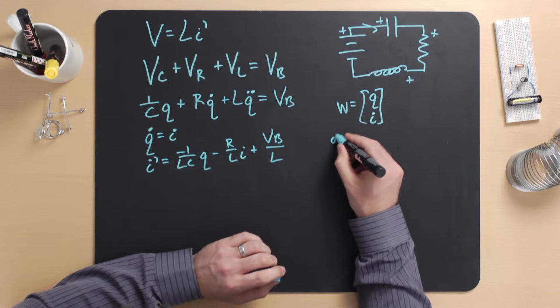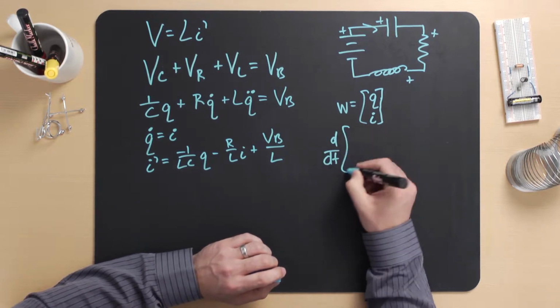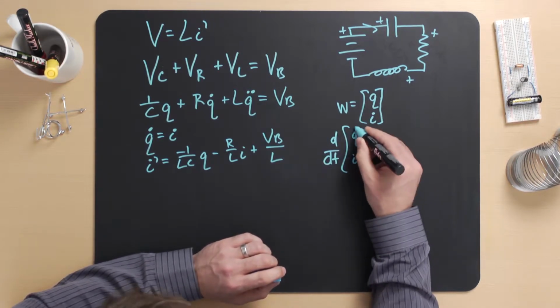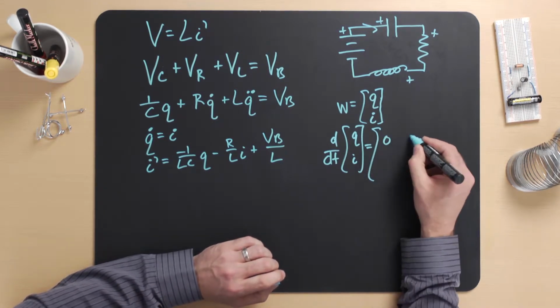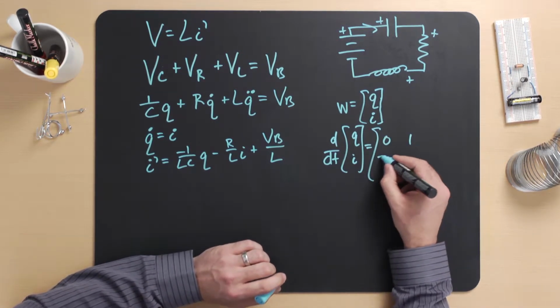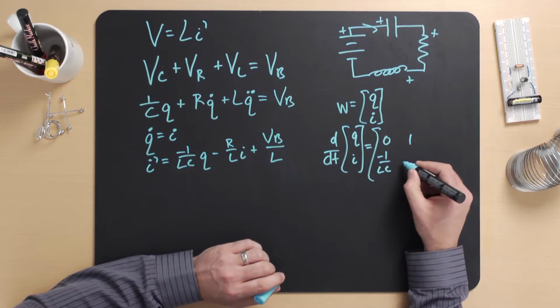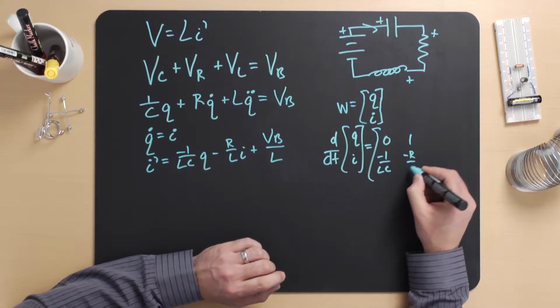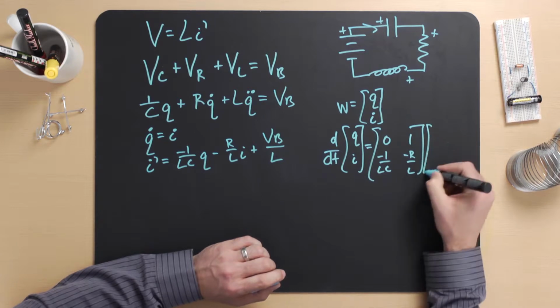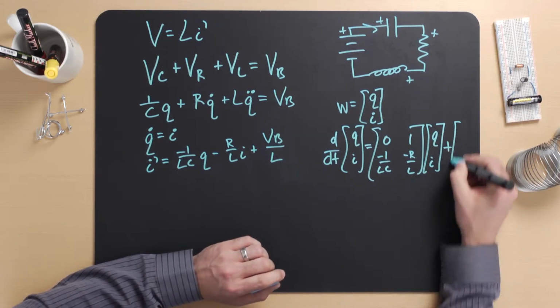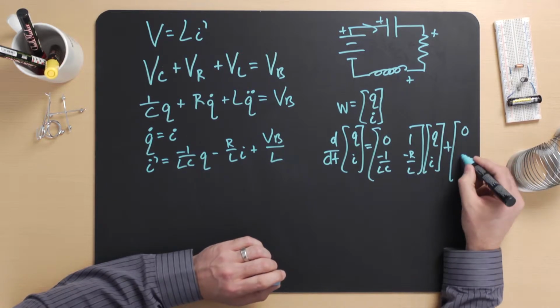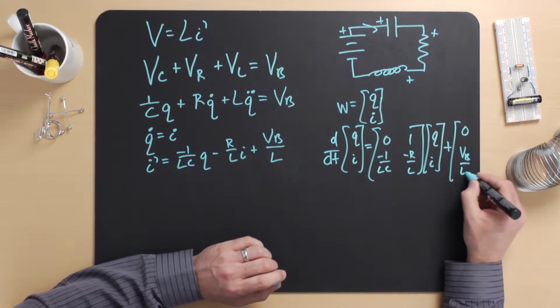So I get d dt of the vector QI is equal to the matrix 0, 1, minus 1 over LC, minus R over L, all times that vector QI, and then plus the vector 0 and VB over L.